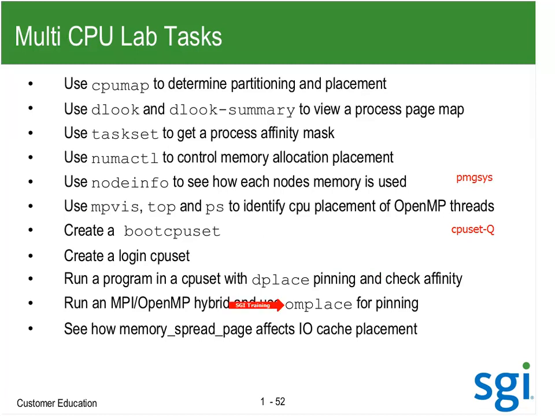Two things that you need to worry about if you're using dplace: KMP_AFFINITY has to be disabled, and OMP_NUM_THREADS also has to be set in your workload.